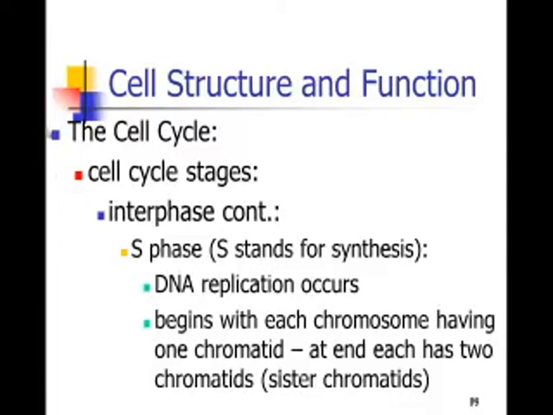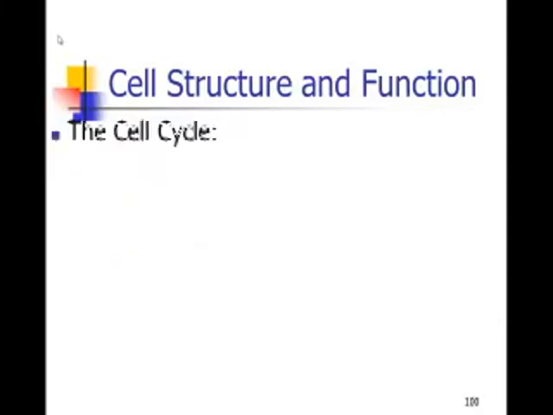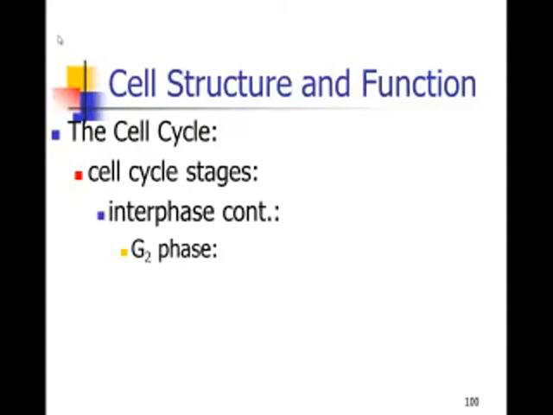At the end of this DNA synthesis, there'll be two chromatids. These are called sister chromatids, and they should be identical in terms of their composition, at least if everything goes normally.